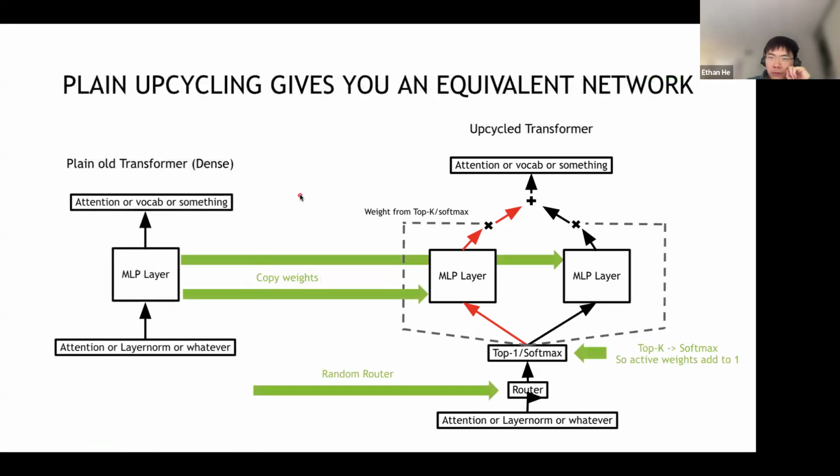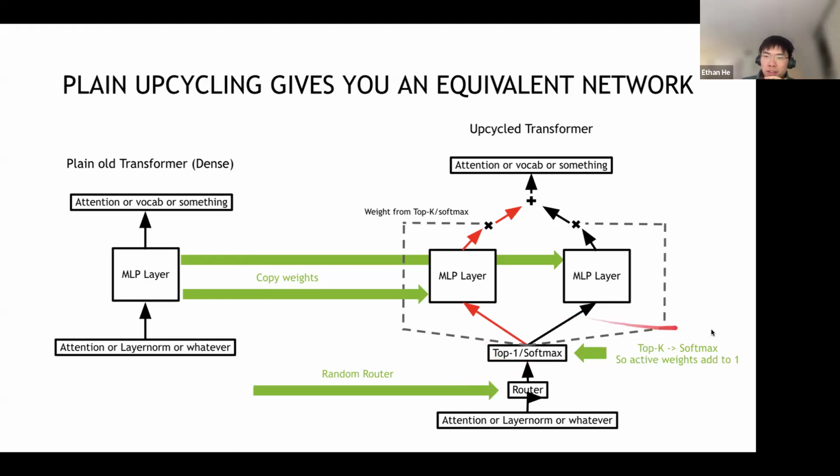To upcycle such a model, you do two things. First, you copy the MLP layer into a number of expert copies. Here it's just 2 copies. And then you randomly initialize the router weights. Then you just train this model. Pretty straightforward, right?